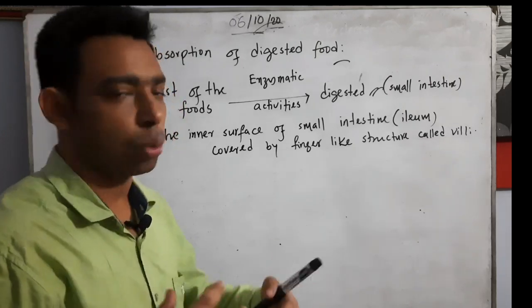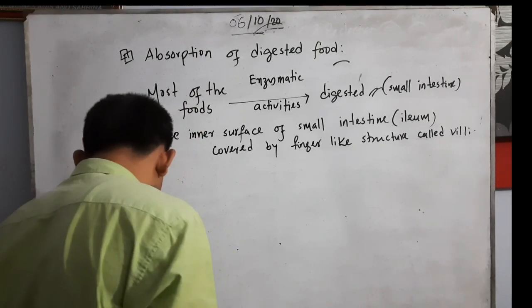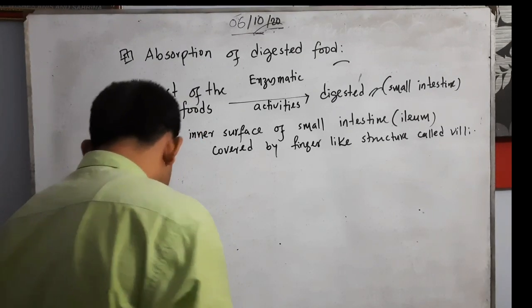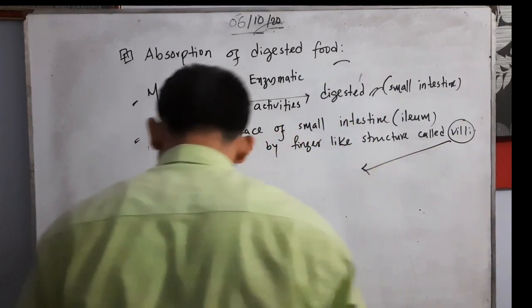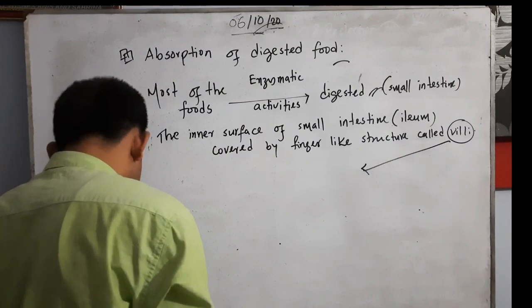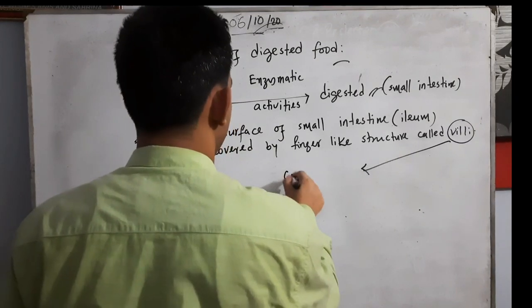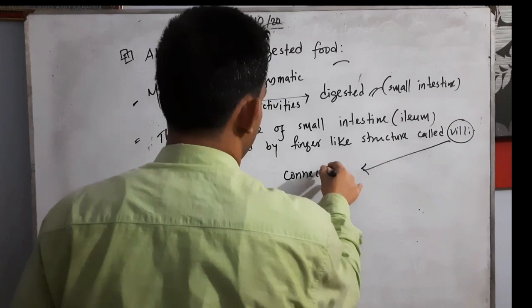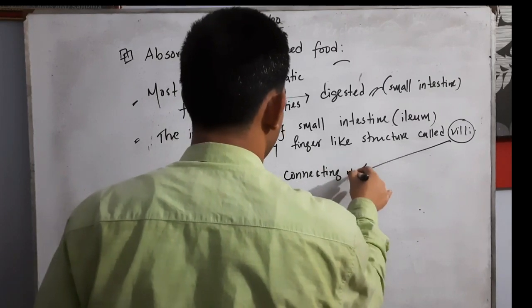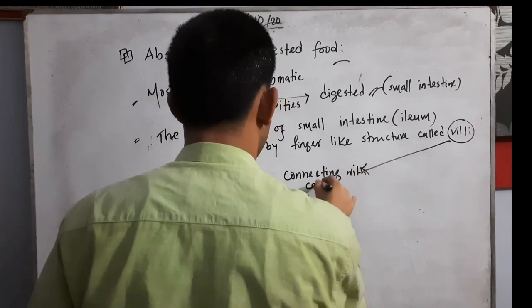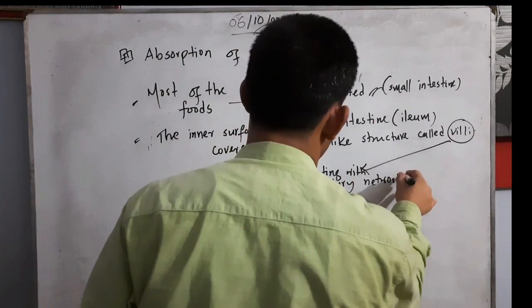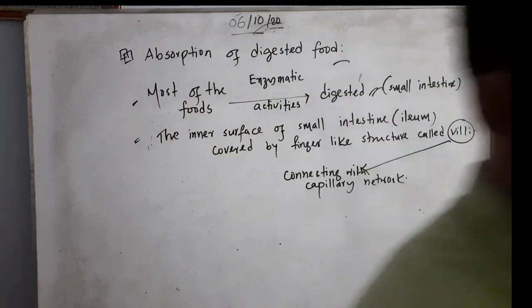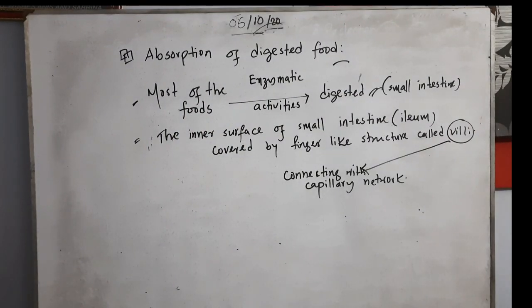And what are the functional activities of the villi? They are connected with the capillary networks. This is a very important point: the inner side part is connecting with the capillary network.